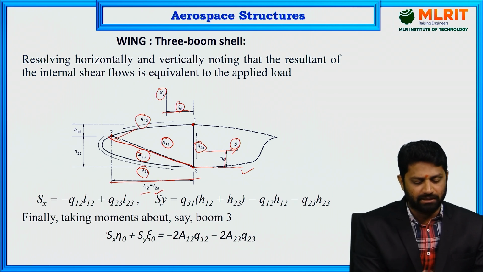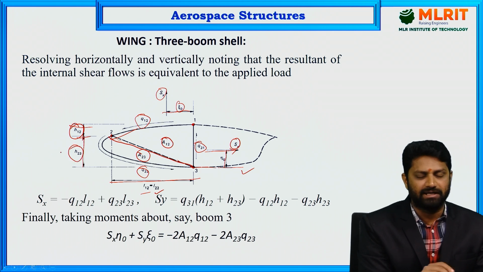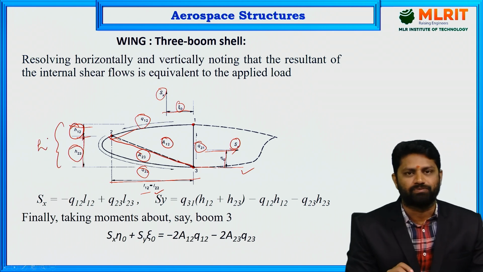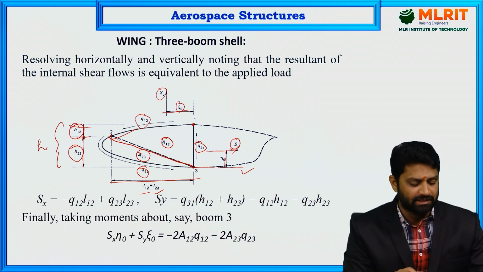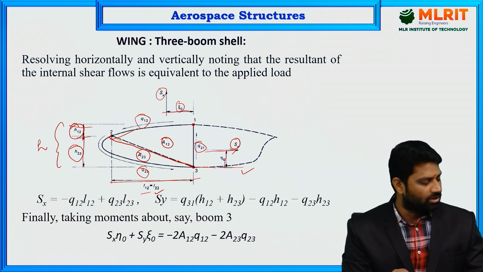The height from boom 1 to boom 2 is H12, whereas from boom 2 to boom 3 the height is H23. Altogether you can consider this height as H. In this way we have considered all the distances, shear flows and loads acting on this 3 boom wing shell. So let's try to solve this.